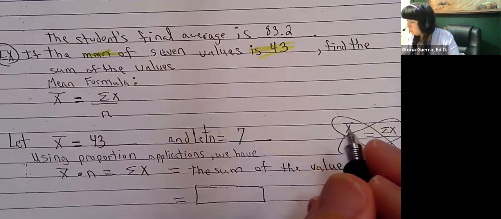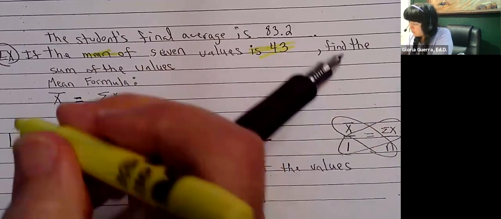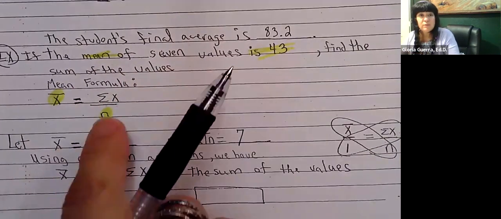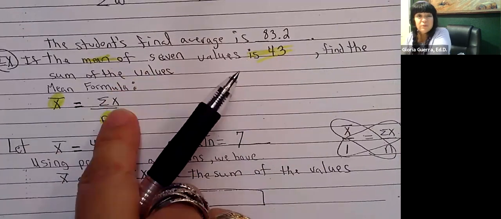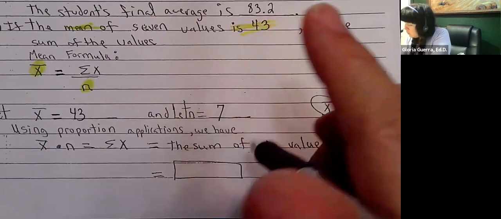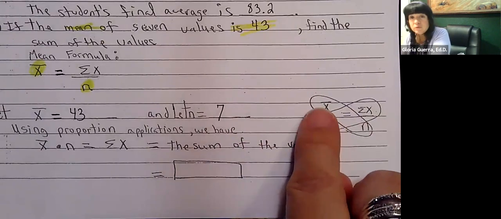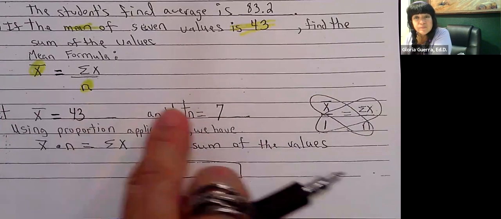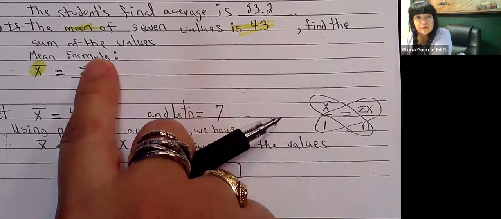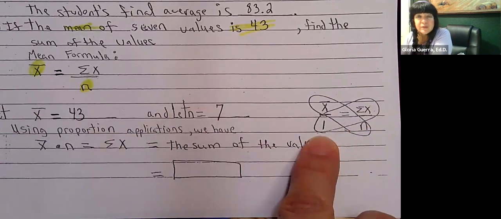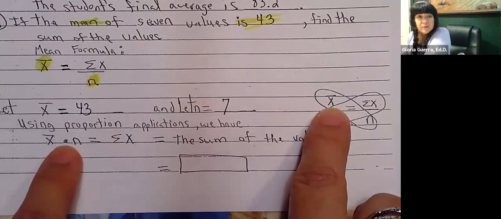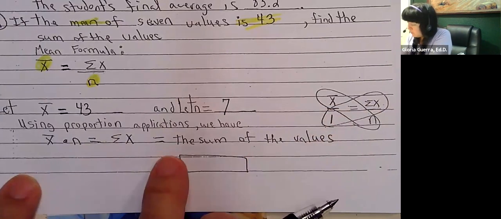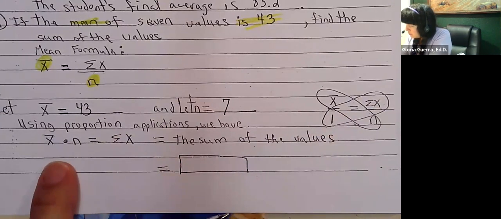And we're trying to find the sum of the values, summation of x. So here what I've done is cross multiplied, there's an imaginary 1 right there. So that gives me x bar times n is equal to summation of x.